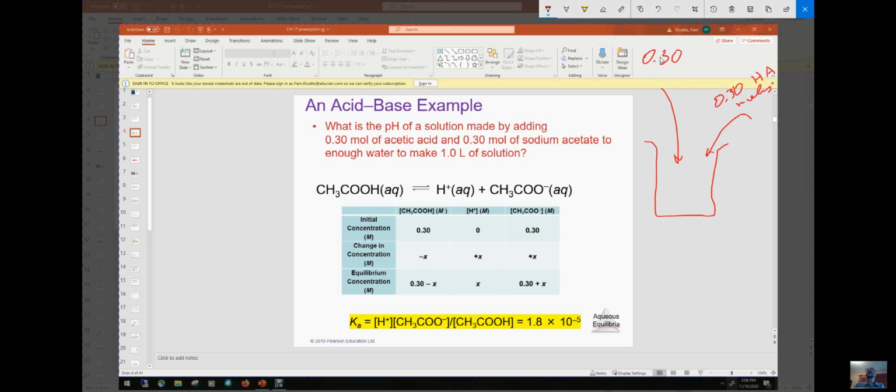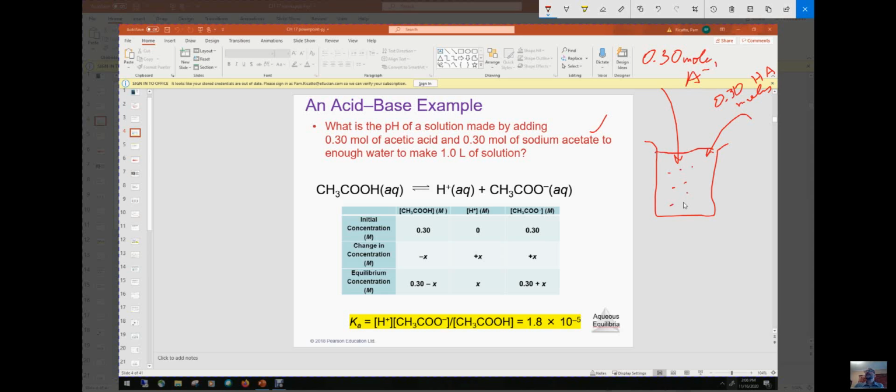Now, I don't care about the sodium part of the sodium acetate. I care about the acetate. So that's 0.3 moles of A minus. Okay. They're in there. And I add it. So there they are.